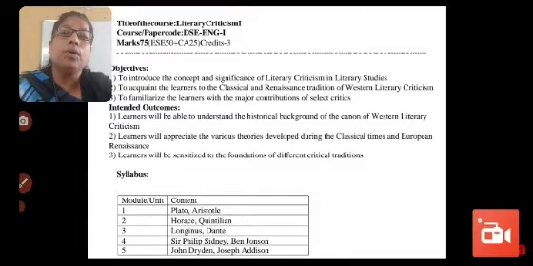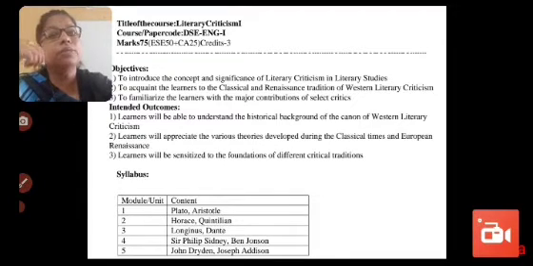Due to the fall of the Roman Empire, they spread all over Europe, in need of shelter, in search of patronage. Patronage is the support of the monarchy or the government or the state for the artists. That is known as patronage.